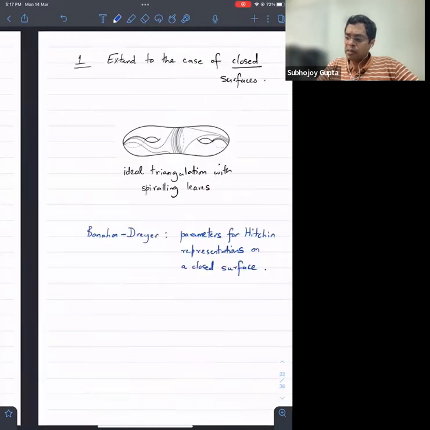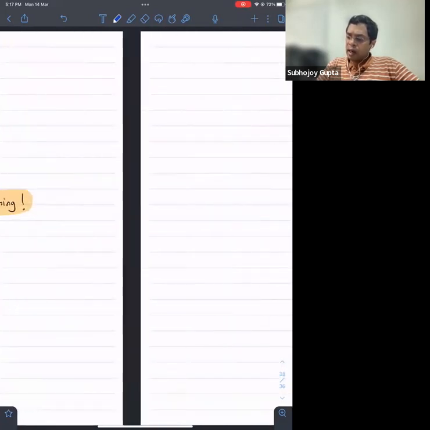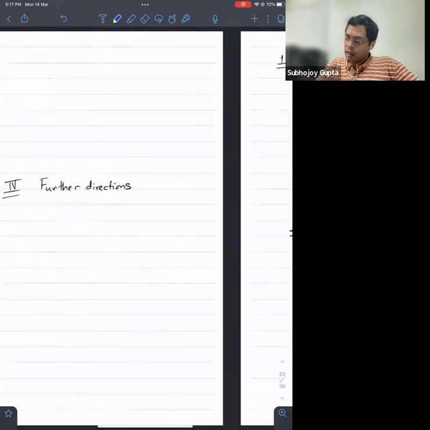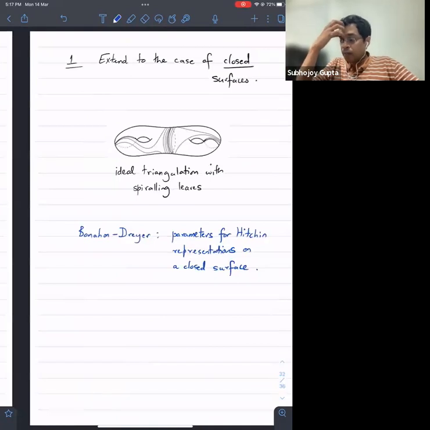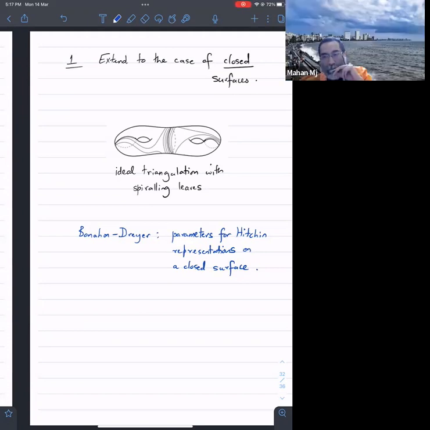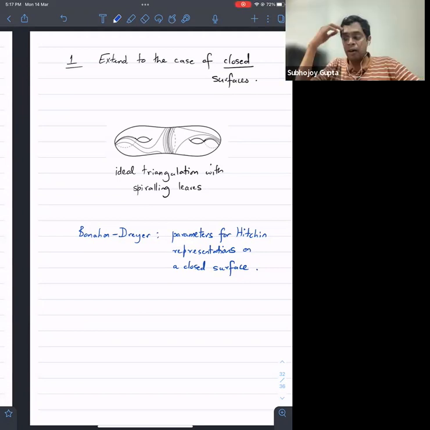At least for Hitchin representations, there is this notion of parameters for closed surfaces, this work of Bonahon and Dreyer. Their work is some kind of generalization of the Fock-Goncharov parameters for this case, where you might have spiraling leaves in ideal triangulations.